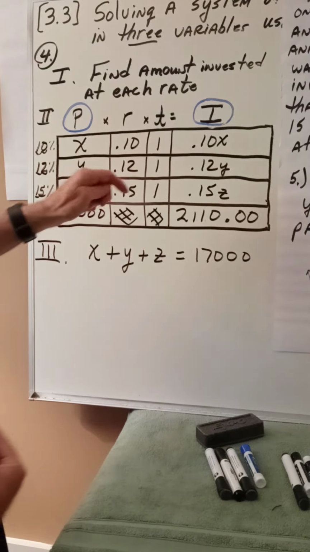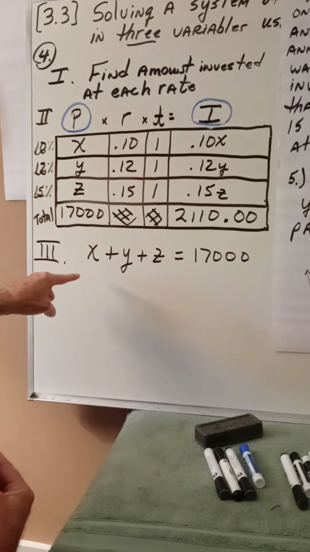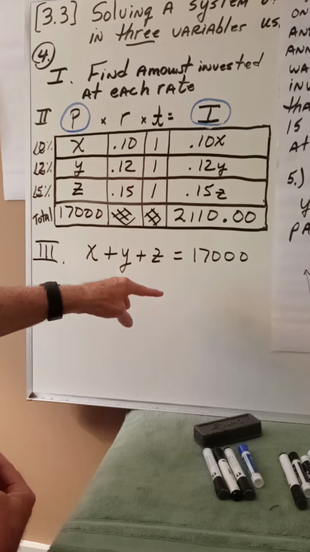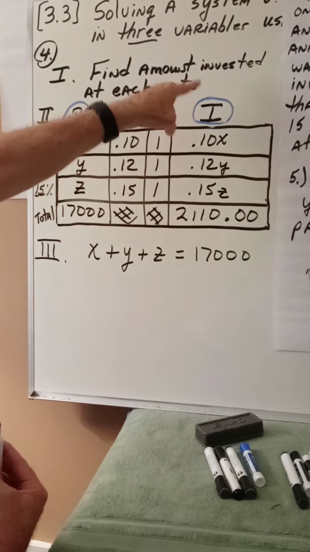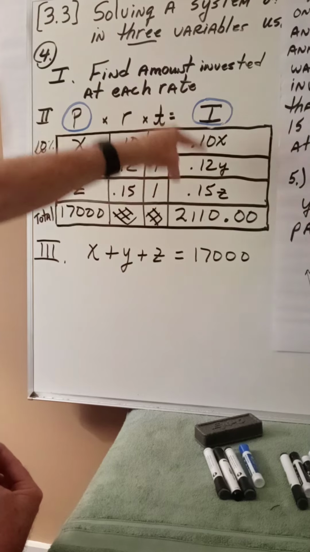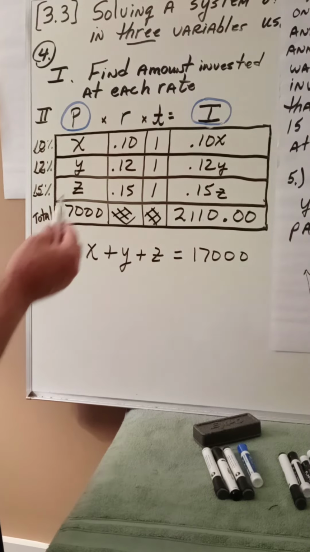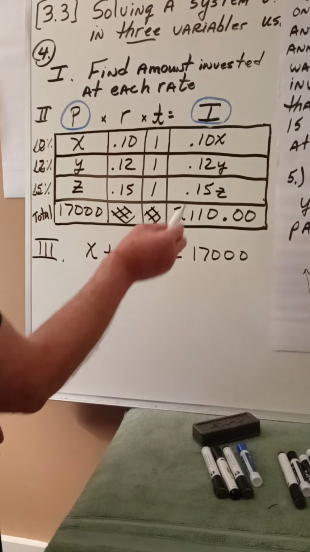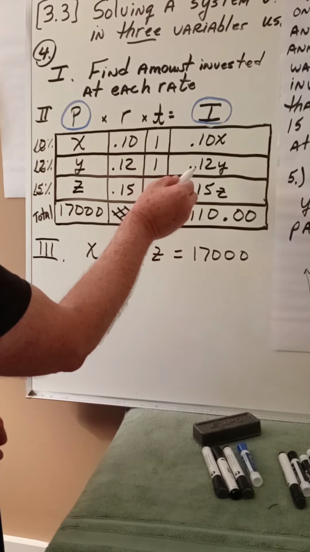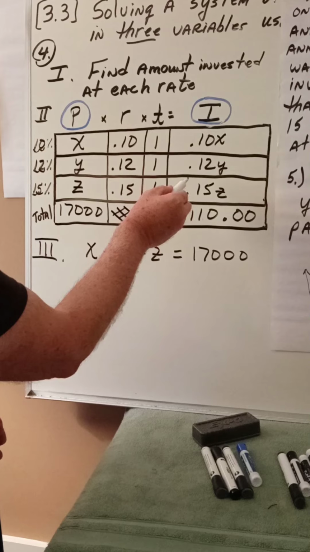Okay, folks, equation number 2, last column, the interest column, the income column. What I would do, so we don't have to do it down here, there's no way I'm going to keep those decimals there.